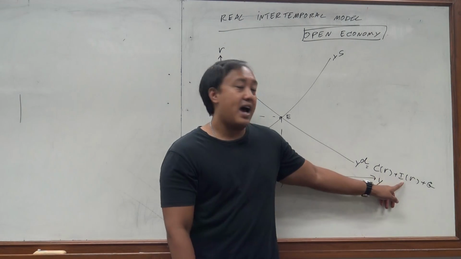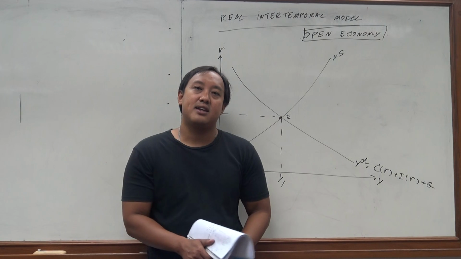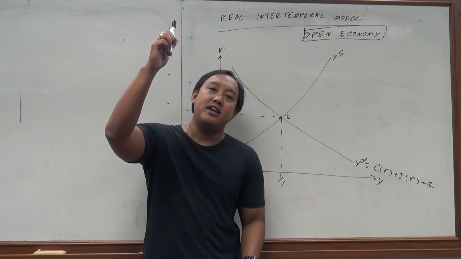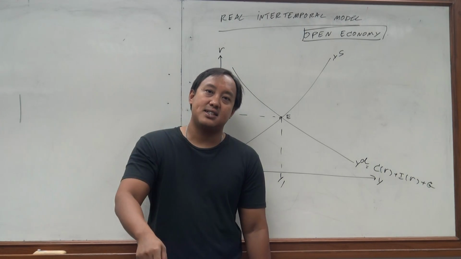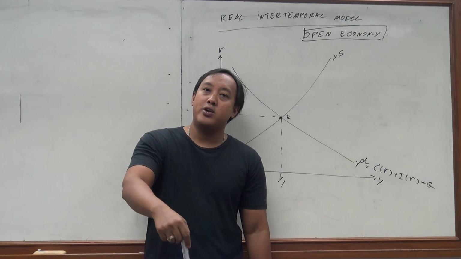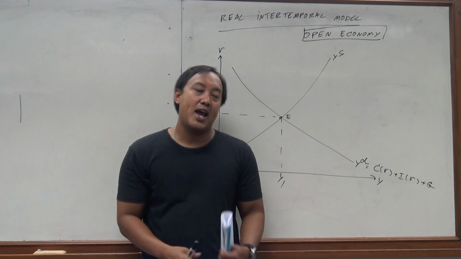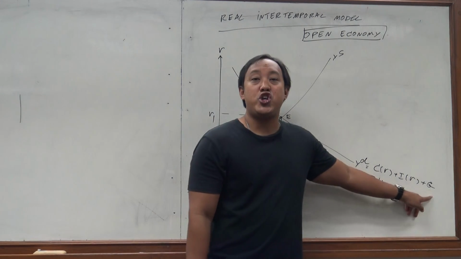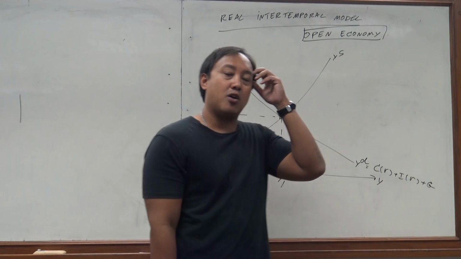And I, investment, also depends on R, the real interest rate. If the real interest rate is high, the cost of borrowing is high, so you borrow less and invest less. If it is low, the cost of borrowing is low, so you borrow more and invest more. And the last one is G, the government spending. This comes from the fiscal policy of the government.